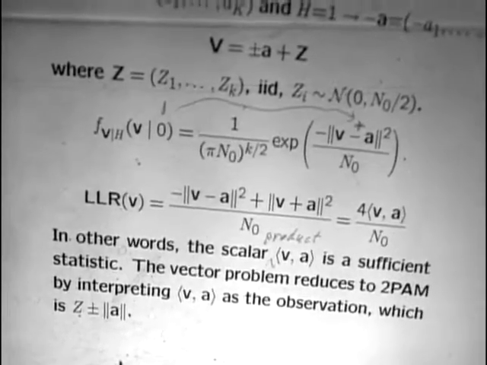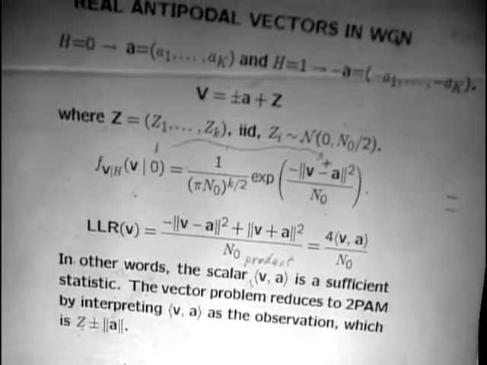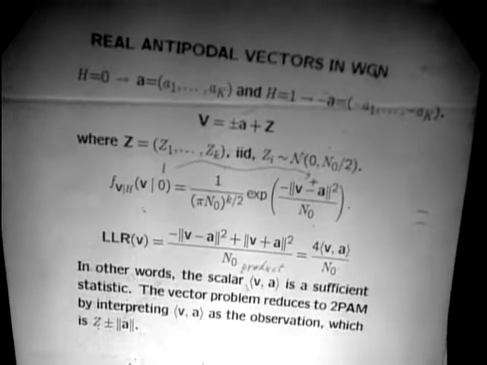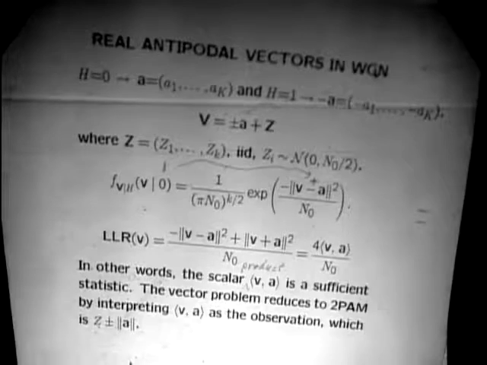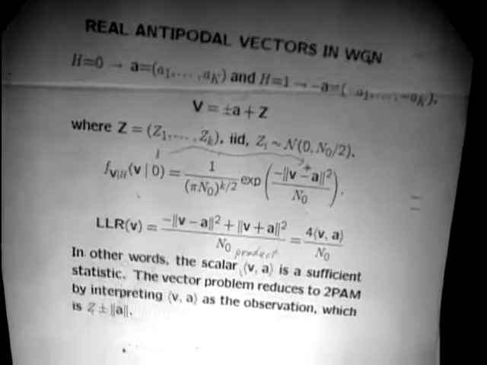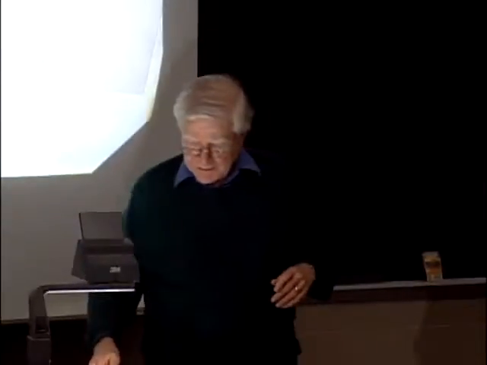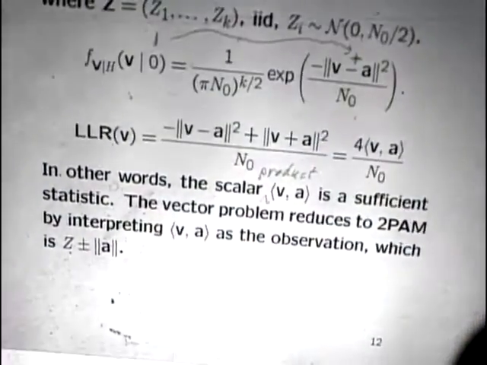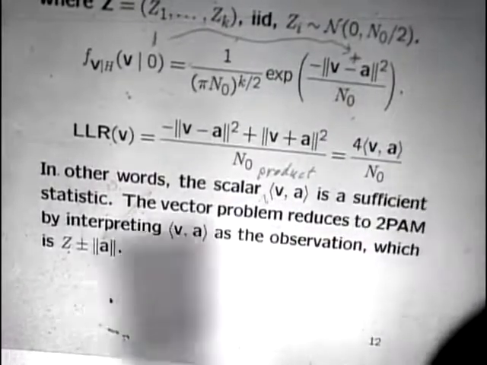Now, what does that tell you? It tells you how to build a detector. When you have a vector detection problem, the thing that you want to do is to take this vector v that you have and form the inner product of v times a.